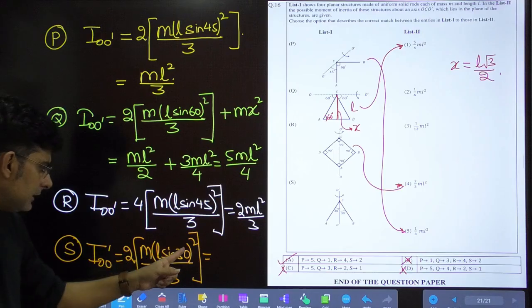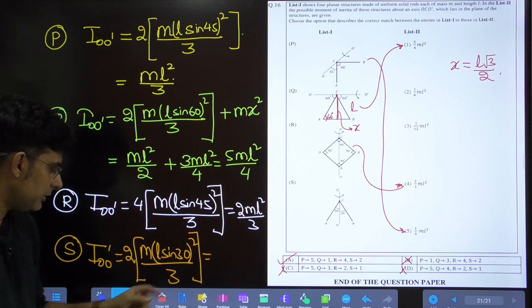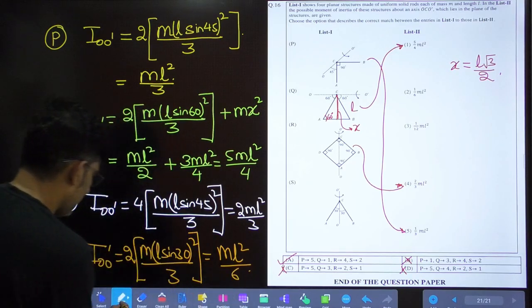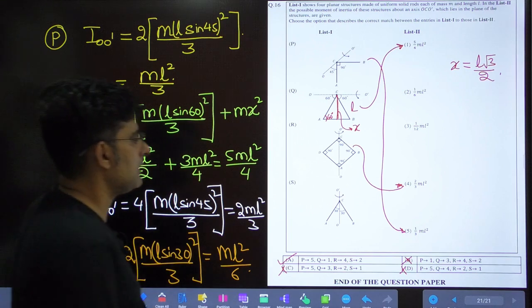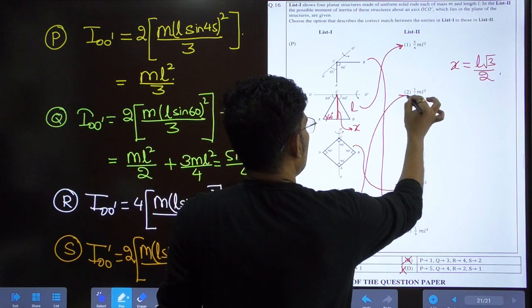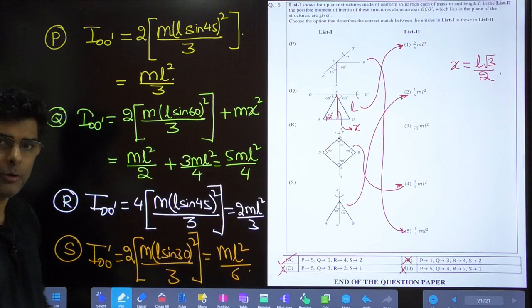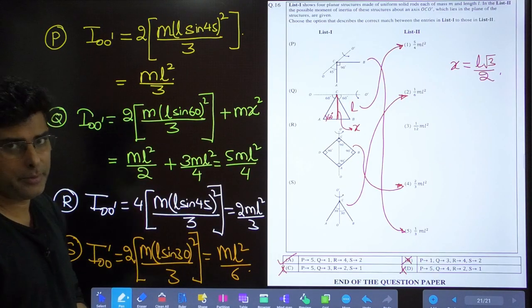Now sin 30 is 1 by 2, so 1 by 4, 1 by 2 in 3, 6. So it will become ml square by 6. So we have ml square by 6, S matches with it. So yes, option A is the correct one. I hope this question is clear to you, and here we end this paper.